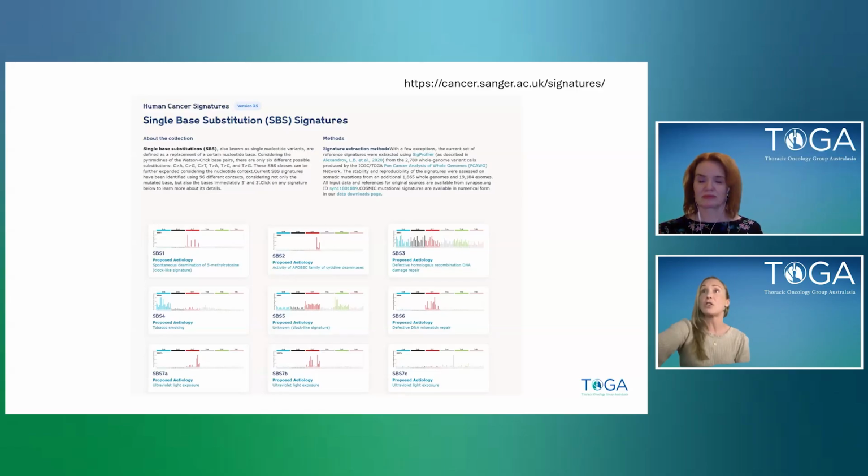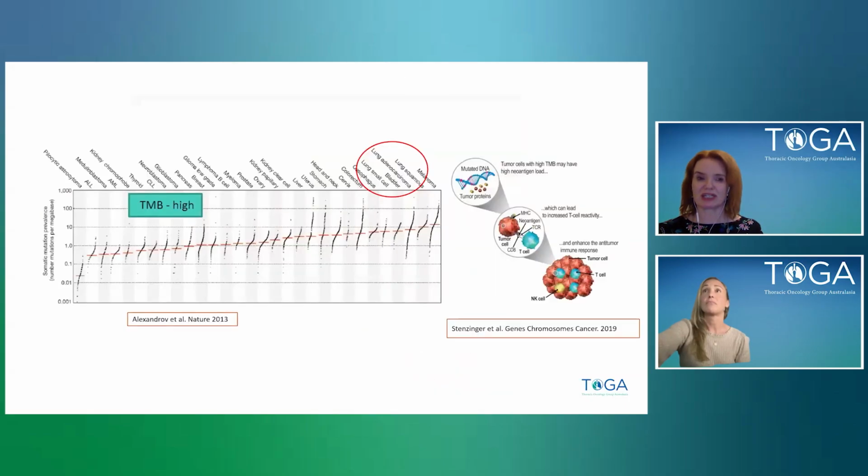A little snapshot here, you can see there's an HRD signature, there's a tobacco smoking signature, and here's the ones that were picked up on our tests, which were SBS7a and SBS7b, which were the UV light exposure signatures.